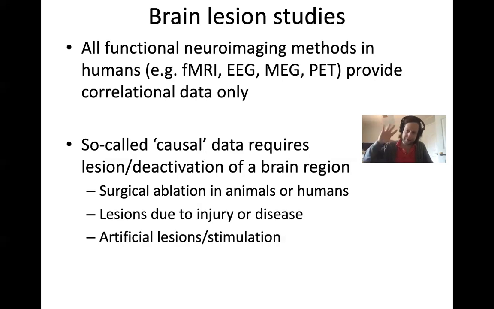But then it comes back and everything's fine. There are artificial lesion techniques for the brain, which are like making the brain fall asleep in a specific region for a minute or so. And then you look at how the person's behavior changes when this one region of the brain is temporarily asleep. That's what is meant by artificial lesions or artificial stimulation.